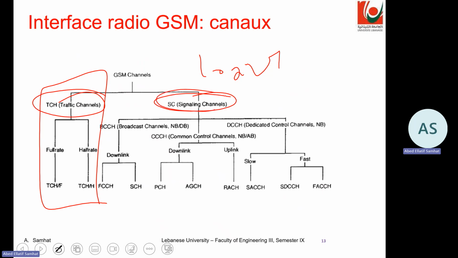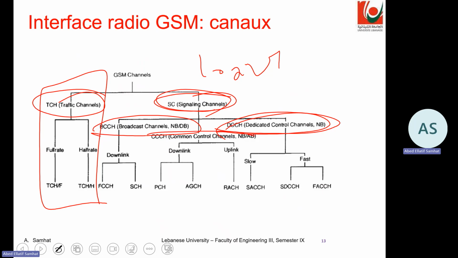For the signaling channel, we have two types, which are the broadcast channel and the dedicated channel. The broadcast channel means that it's broadcast on the cell, and all mobiles will take the information. Dedicated control channel means that it's dedicated to one mobile or to one user.